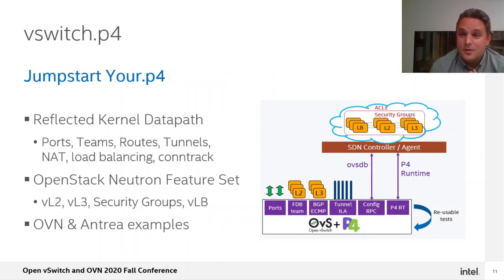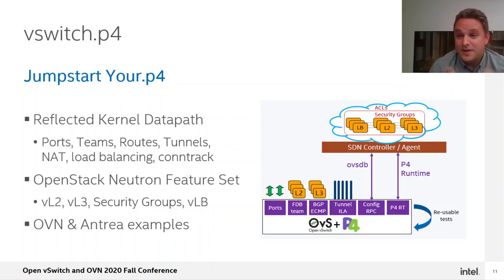And so with vswitch.p4, you can really start from a well-known set of functions that include all the types of things that are standard in the kernel datapath, and all the things that you would do inside of a standard OVN or Antrea pipeline. So virtual layer 2, virtual layer 3, all of the security groups and connection tracking that you need for stateful ACLs, all of those things are inside of a baseline vswitch.p4.